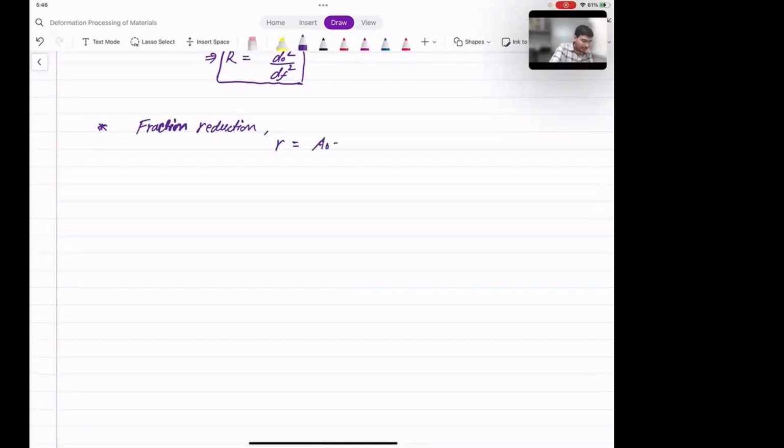Definitely the area is going to reduce, so change in area will be initial area minus the final area, divided by initial area. This is the fractional reduction.